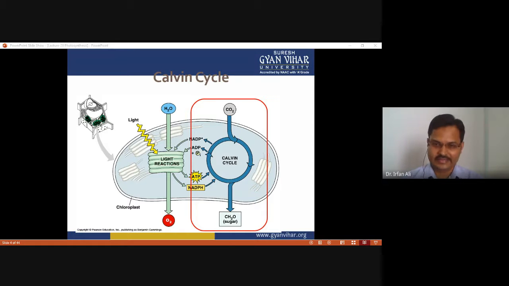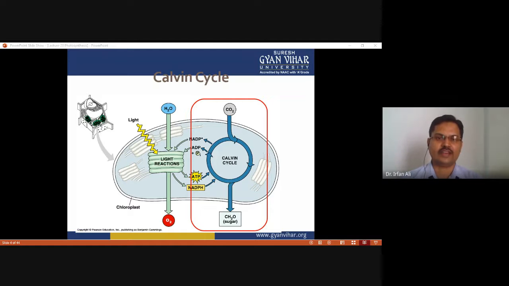During the light reaction, oxygen is also produced by the photolysis of water. Then the other phase is called the Calvin cycle or dark reaction. In this phase, the ATP and NADPH produced in the light reaction are utilized, and molecules of sugar are produced.